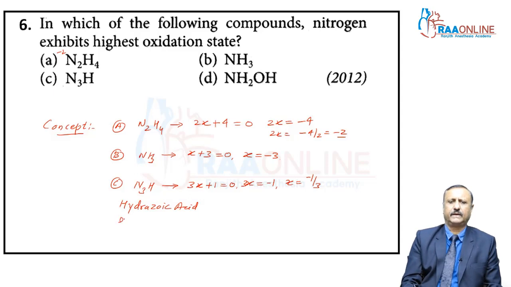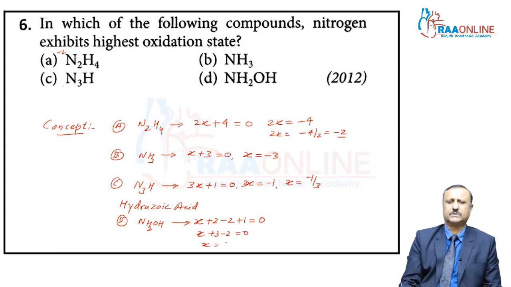When we determine the oxidation state of nitrogen in NH2OH, x for nitrogen plus 2 for the hydrogens, minus 2 for oxygen and plus 1 for hydrogen equals 0.